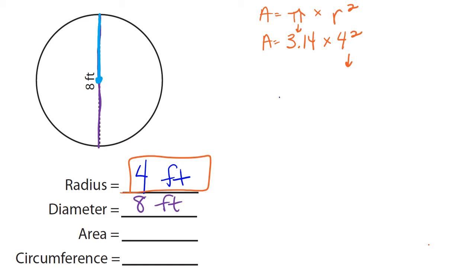So we do our exponent first, which is 16. 4 times 4 is what we're looking at. And now let's go ahead and finish it off by doing 3.14 times 16, giving us our area is equal to 50.24 feet squared. So let's go ahead and fill that in for our area.